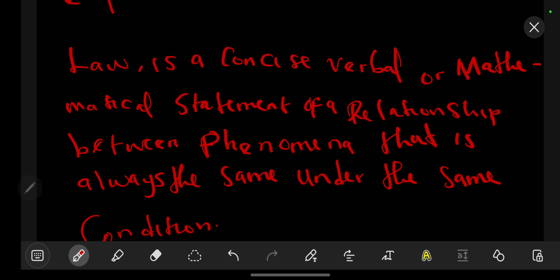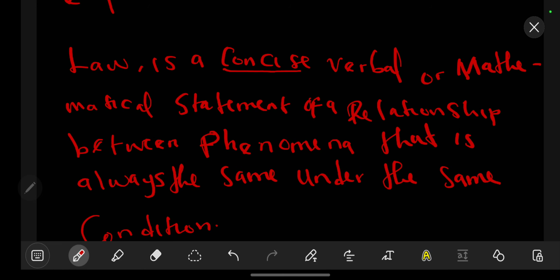So a law by definition is a bit lengthy, but it is very simple if you understand it. So we are saying that a law is a concise, straight to the point, verbal or mathematical statement of a relationship between phenomena.